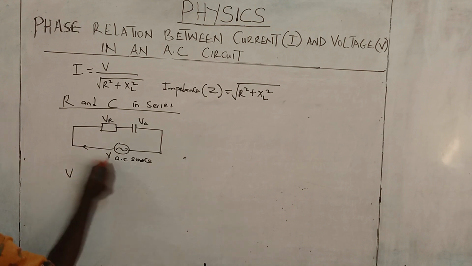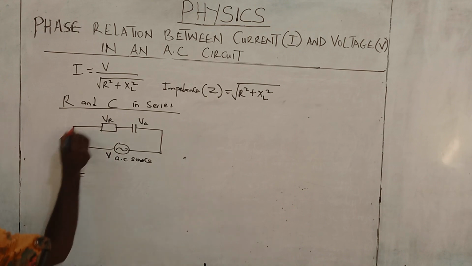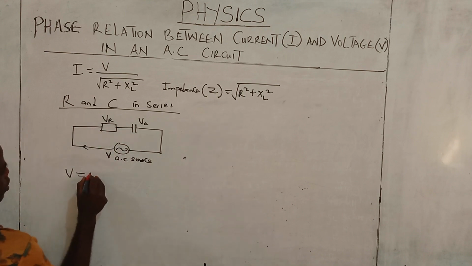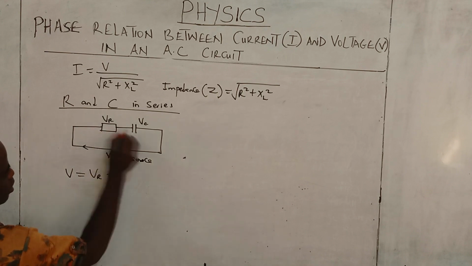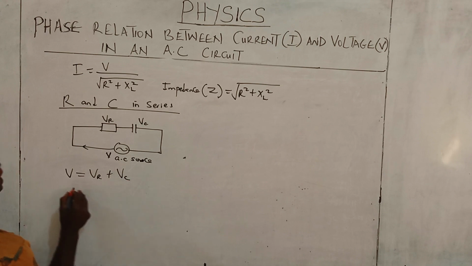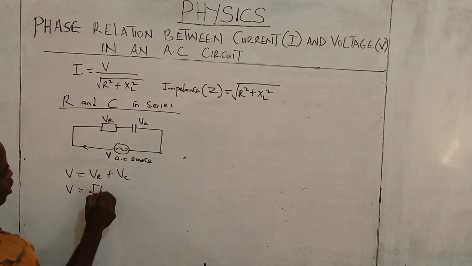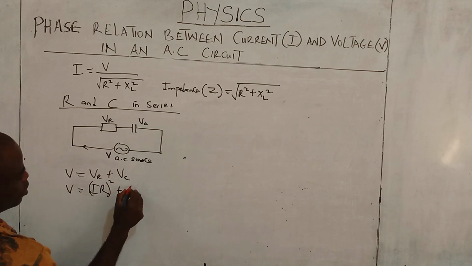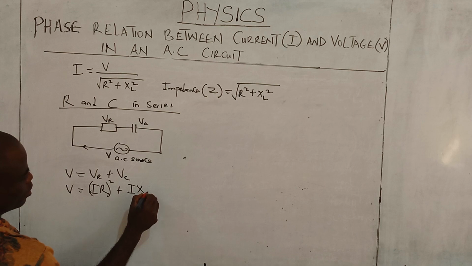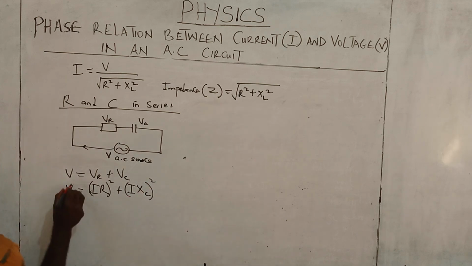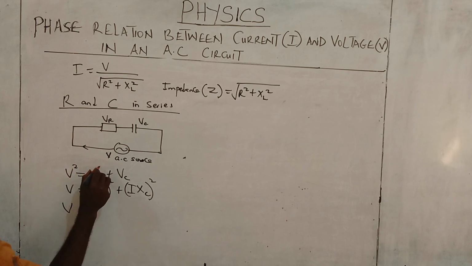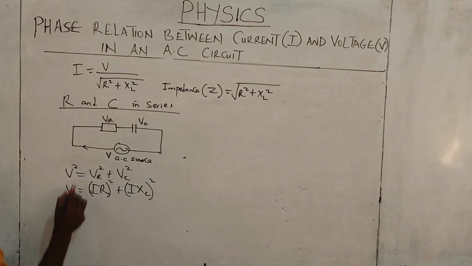The current is moving like this, because VR and VC are in series. Now you have V equals, using Ohm's law, the square root of (IR) squared plus (I XC) squared, so V squared equals (IR) squared plus (I XC) squared.